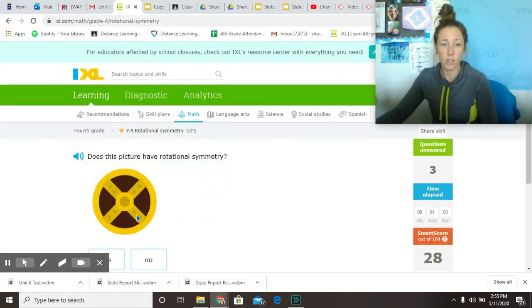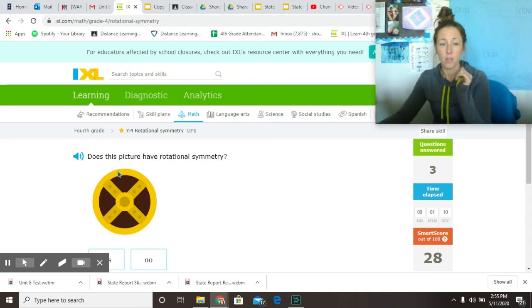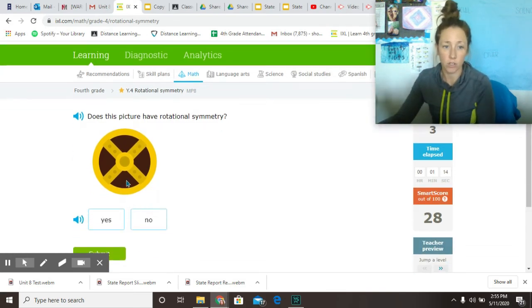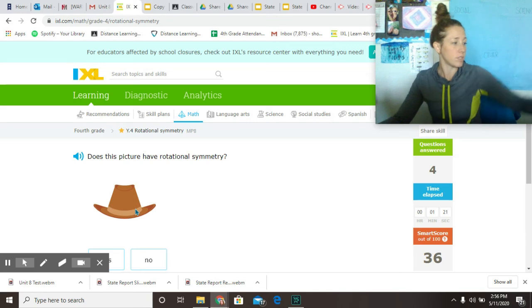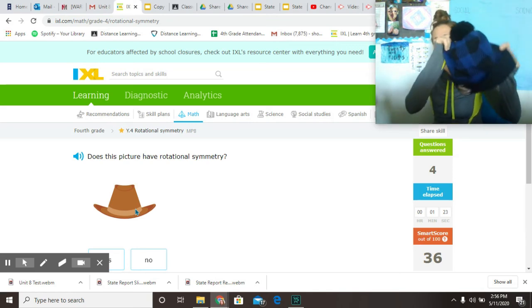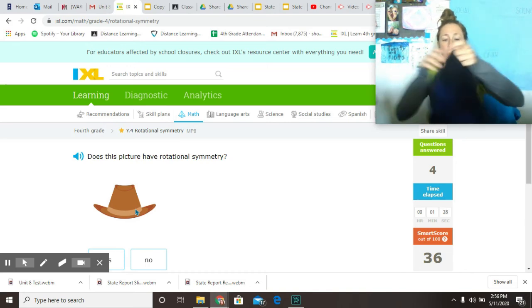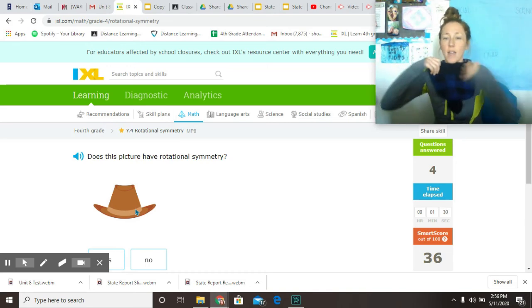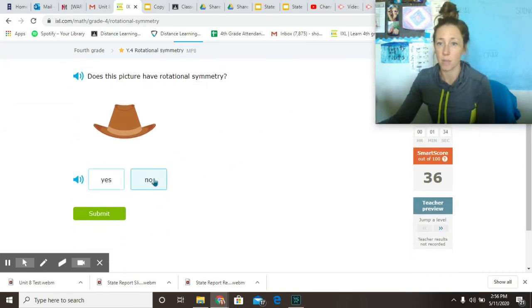This wheel, though, since it's the same in 4 different positions, if I moved it 4 times, or even 2 times, or 1 time, like a half a turn, quarter turn, it is going to have rotational symmetry, because it'll look the same at different points. A hat? It's like if I took my hat right here and spun it. I mean, my hat could have symmetry if I was going from the back and cutting it in half, but if I rotated it, it's changing positions. It doesn't look the same any which way I'm going.